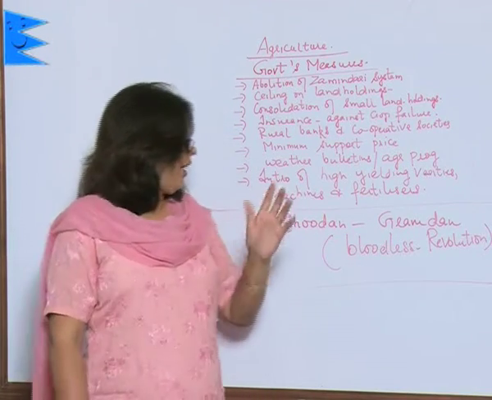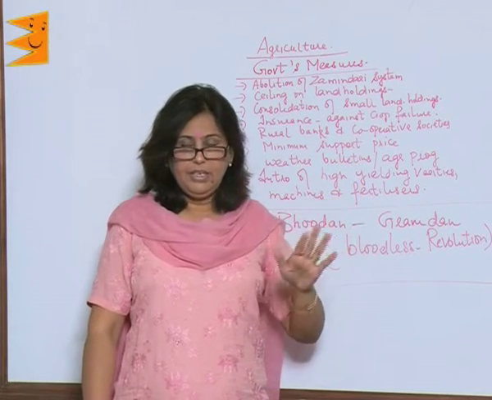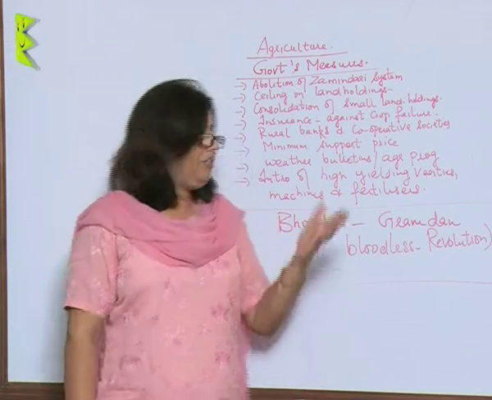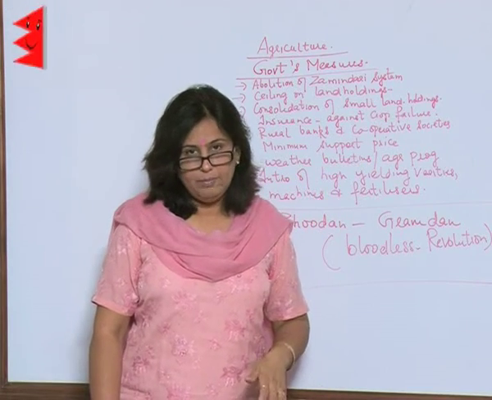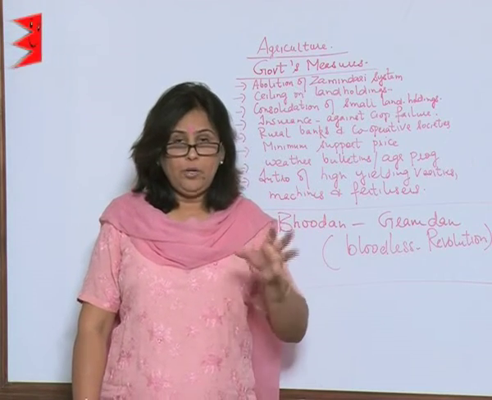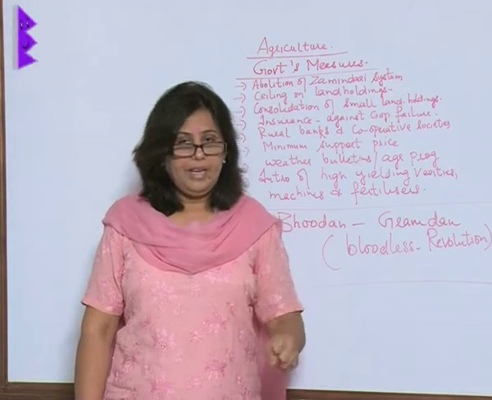their due. Next is, every now and then on the TV and the radio, we hear the weather bulletins and the agricultural programs which help the farmer with all the queries that they have.